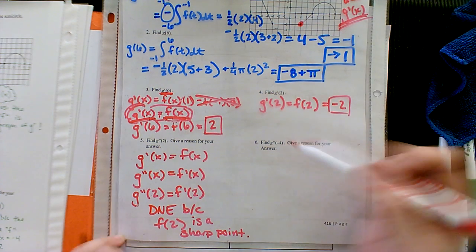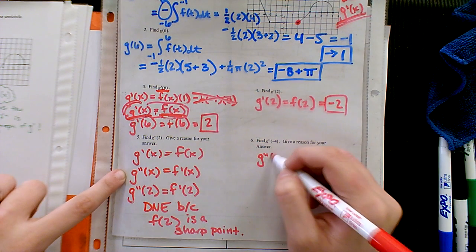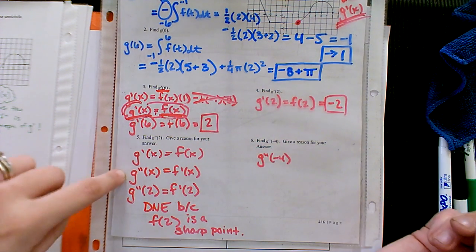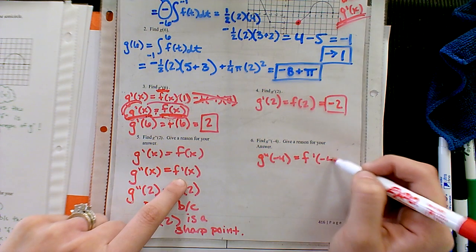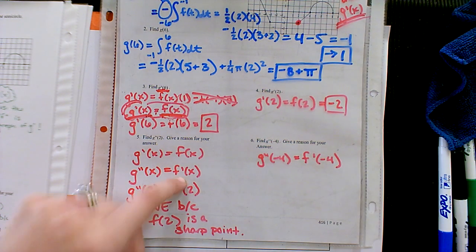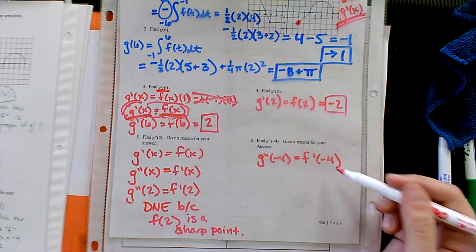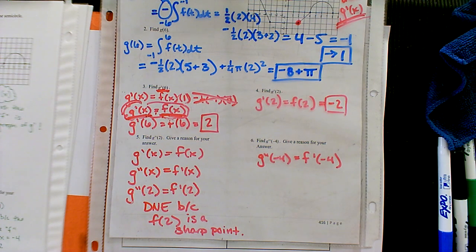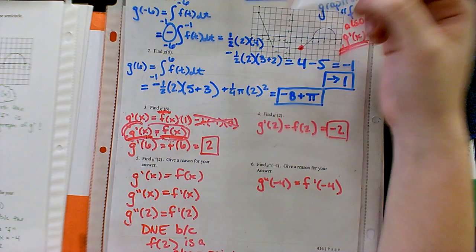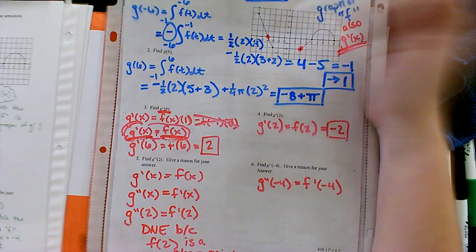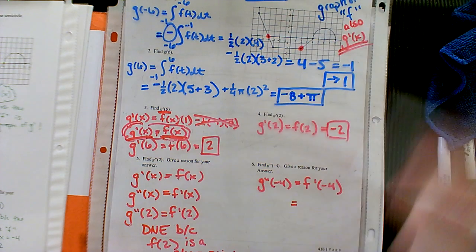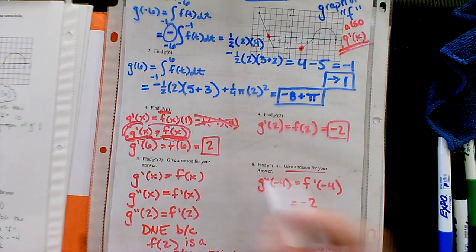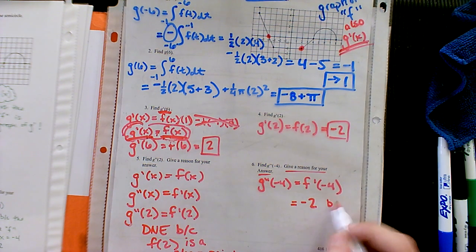All right, let's try a different value. So if I want to plug in -4 into g double prime, that involves plugging in -4 into f prime. Can we use the graph of f to help us with that? Can we figure out the slope at -4? -2, because it says give a reason for your answer.